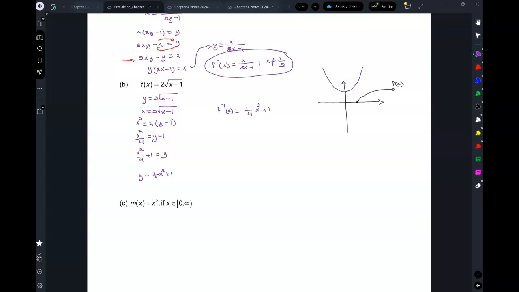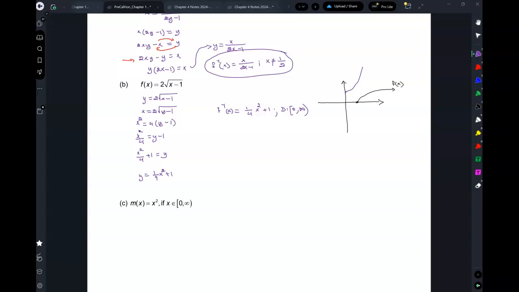But that can't be. That means I need to restrict the domain so that I only take the right half of it. Does that make sense? So I need to say the domain is from 0 to infinity only, so I can get rid of that 1/2.